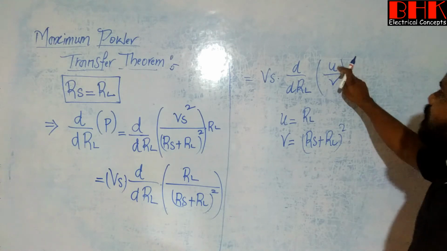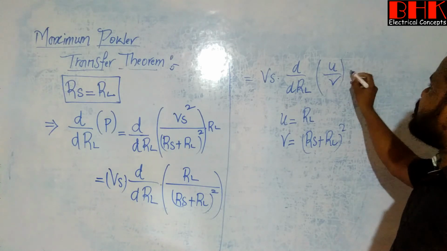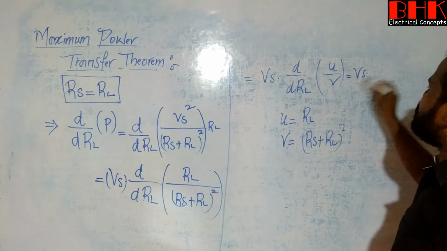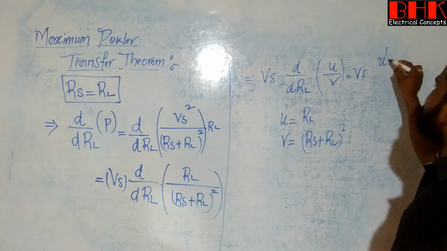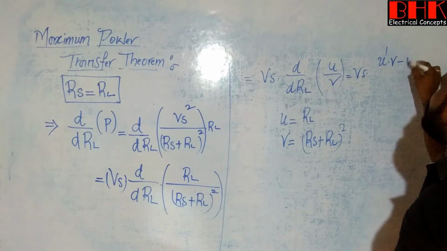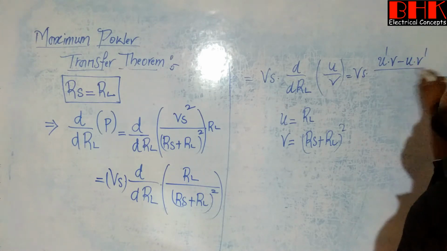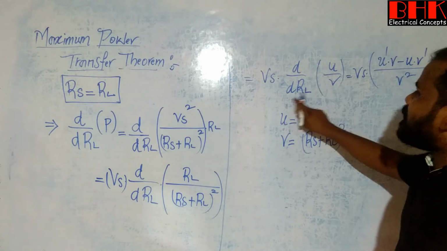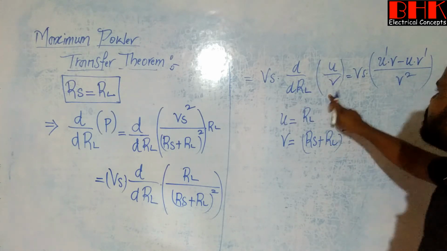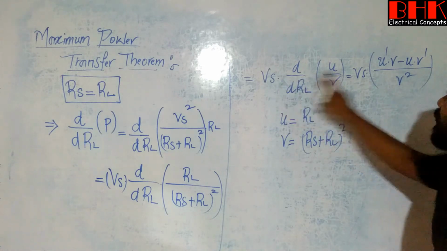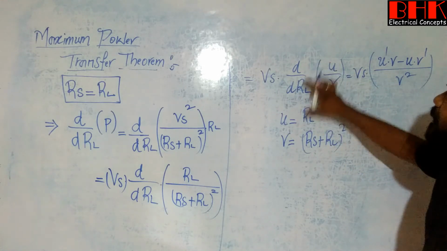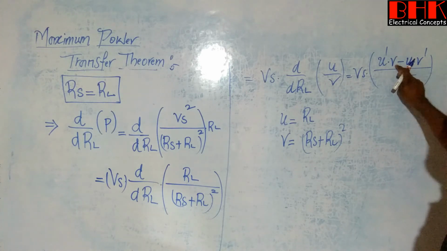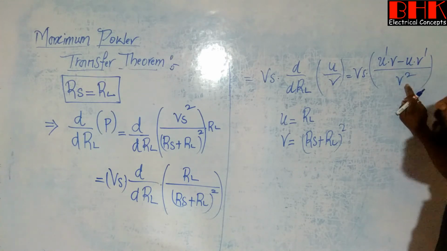What is the formula? d by dRL of U by V is U dash into V minus U into V dash divided by V square. Clear? So Vs square into d by dRL of U by V, as it is, means U dash into V minus U V dash divided by V square.